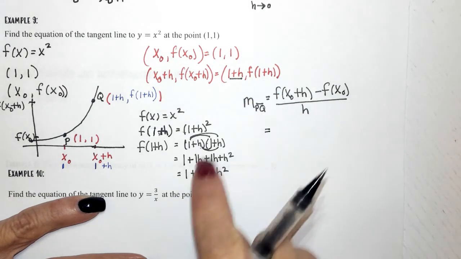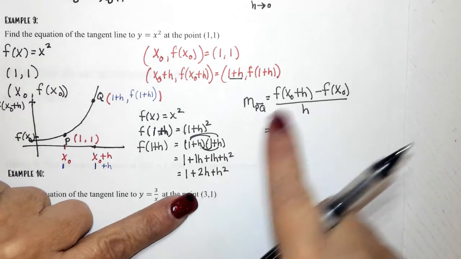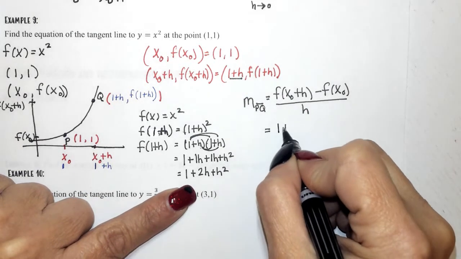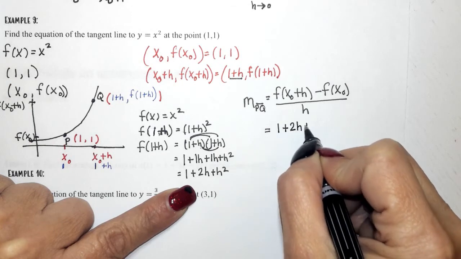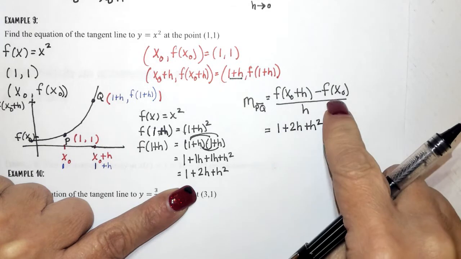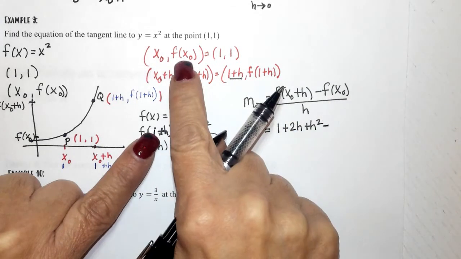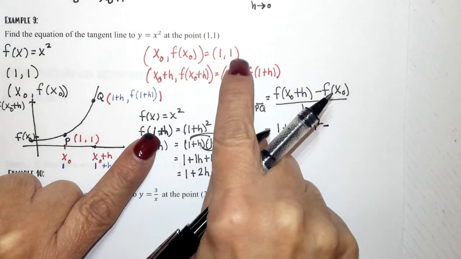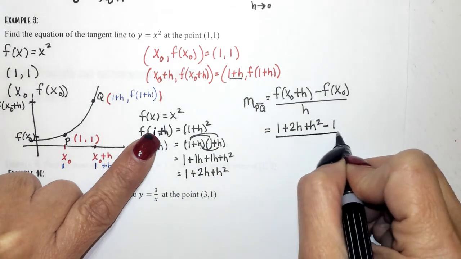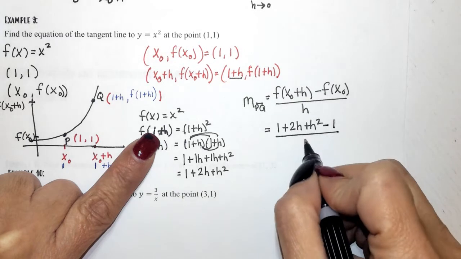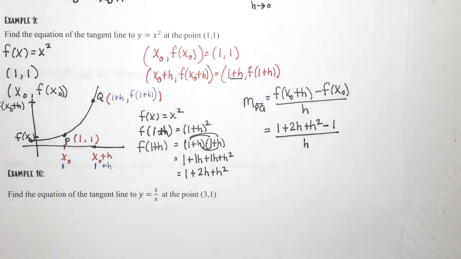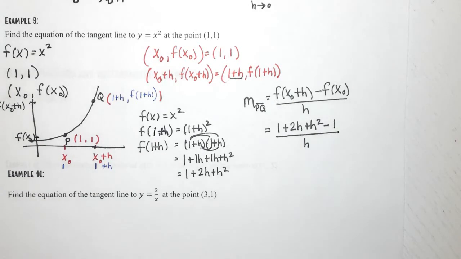We just simplified it, so we're going to plug this one in here. So we're going to say 1 plus 2h plus h squared minus, we need to do f of x naught. F of x naught is right here. That's the 1. Minus 1 all over, and we're going to put h down here. Okay, let's see if we can simplify any of this.